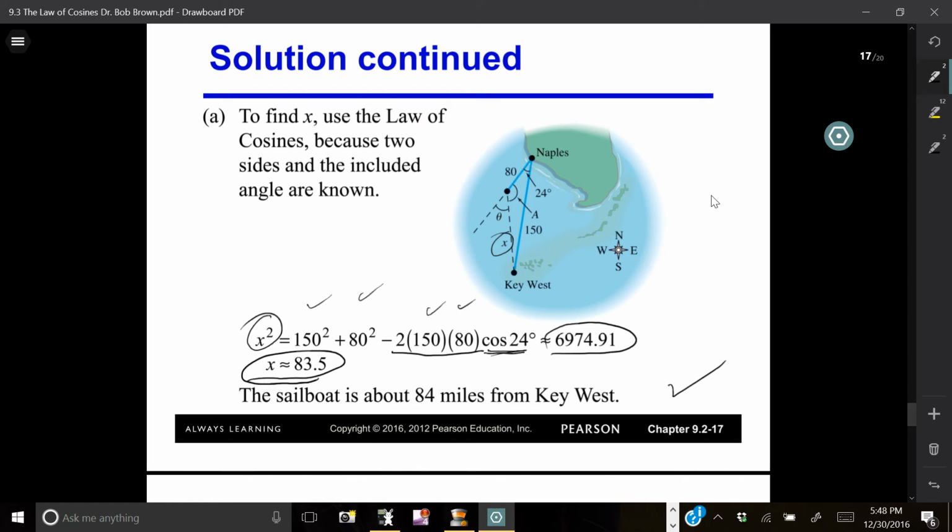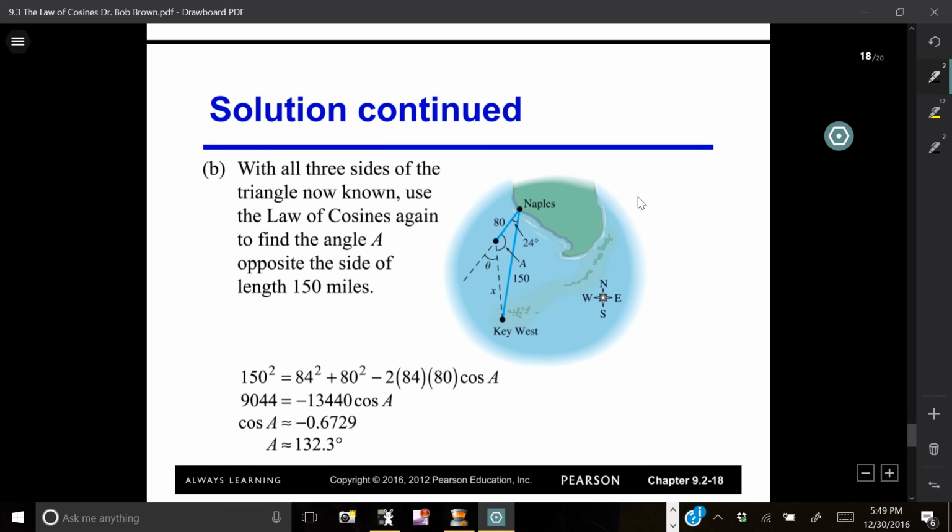Now we want to determine the angle. We would like to find the angle theta, but what we have is a triangle next to it. So let's use the law of cosines, which says that 80 squared plus 84 squared minus 2 times 84 times 80 times cosine of A equals the other side squared.